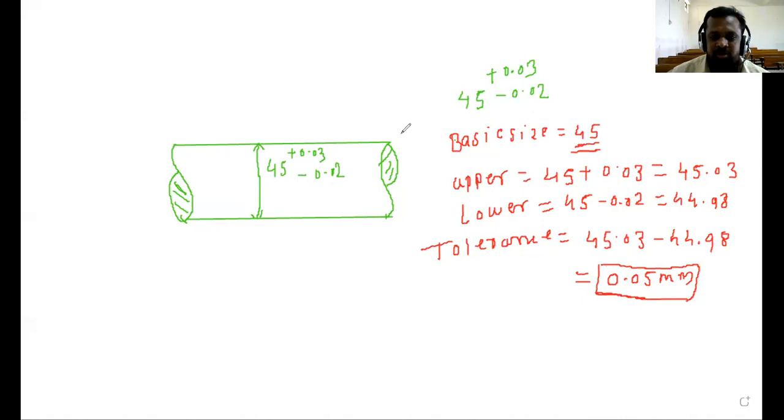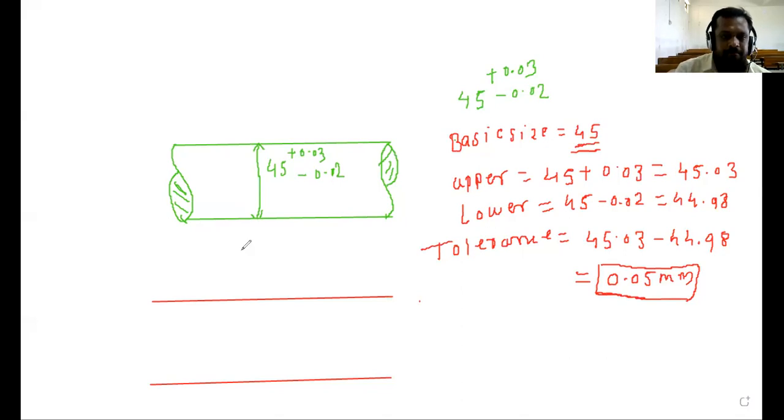During manufacturing, suppose we have prepared the shaft, and I have measured the diameter of that shaft after the production, and it shows 44.99. Then is it acceptable?